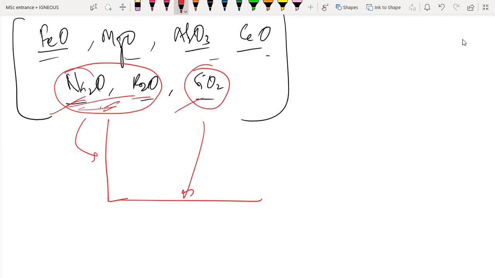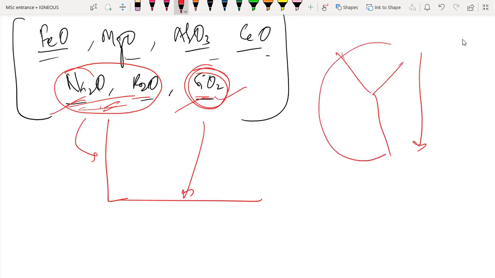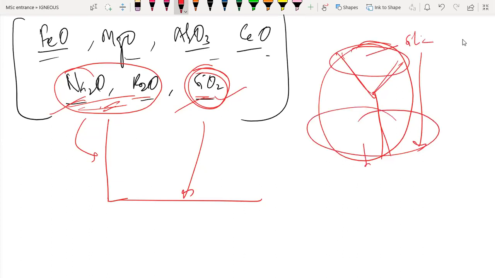Because silica is continuously increasing from top to bottom, your silica mostly represents all kinds of rocks. Okay, so these mafic rocks are silica undersaturated rocks, but your felsic rocks are silica oversaturated rocks. But this sodium oxide also represents the lower part, so it is found in the end product. If we choose just iron and magnesium, then it will be finished here.